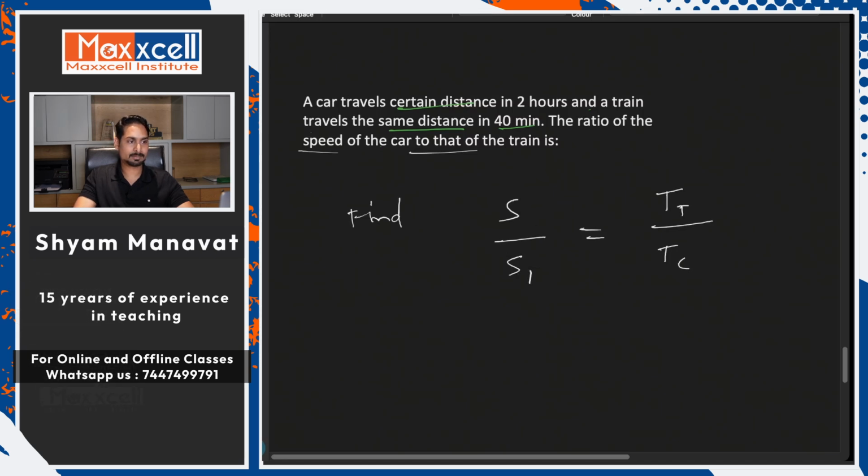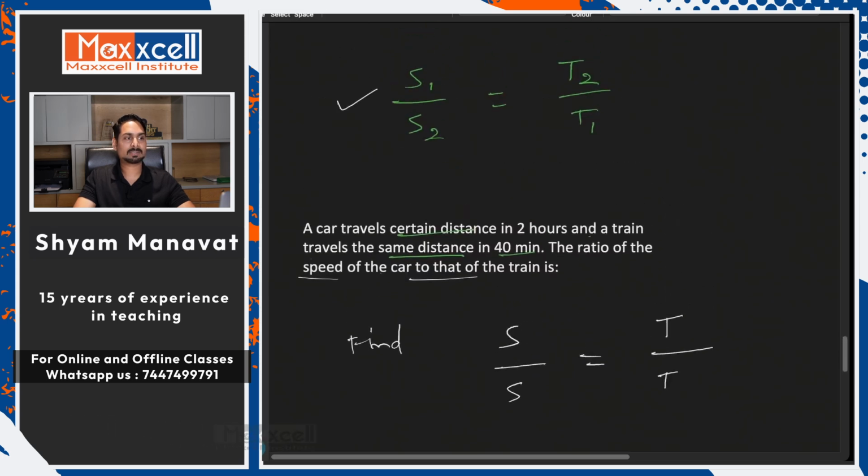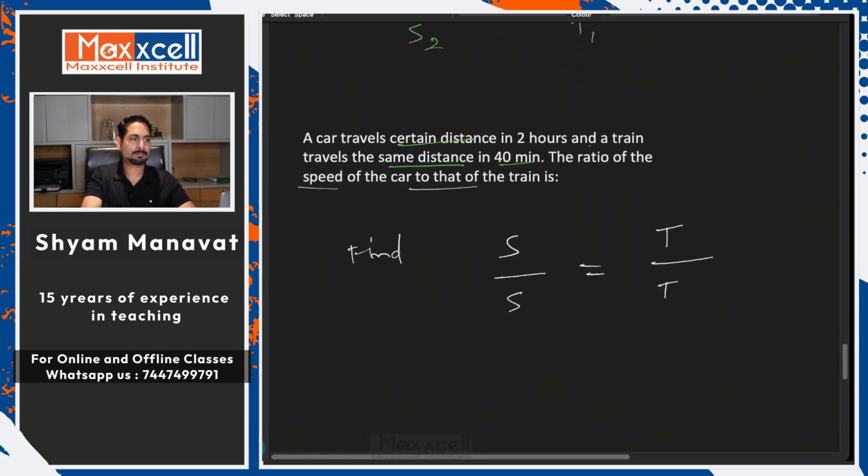Just think about it. It's an inverse relation, right? Just now we have seen S1 upon S2 equals T2 by T1. So speed of car to speed of train should be equal to time taken by train by time taken by car, right?